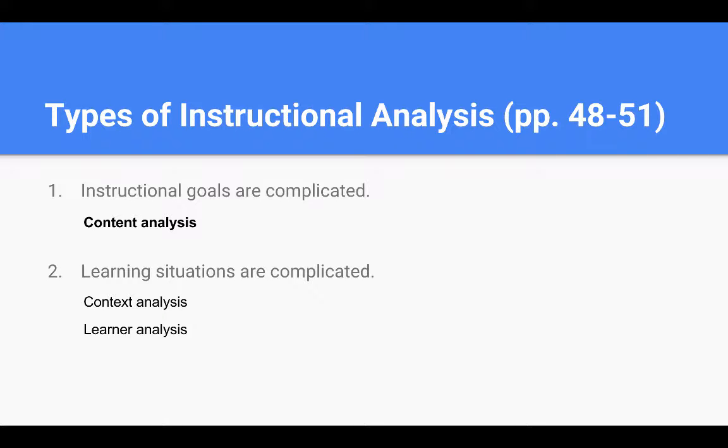The third type of analysis is often the most complicated and time-consuming one. It's called content analysis. As mentioned earlier, this type of analysis breaks down the instructional goals into smaller chunks of knowledge and skills and identify the relationships among these smaller components, depending on the specific instructional goals you have defined.